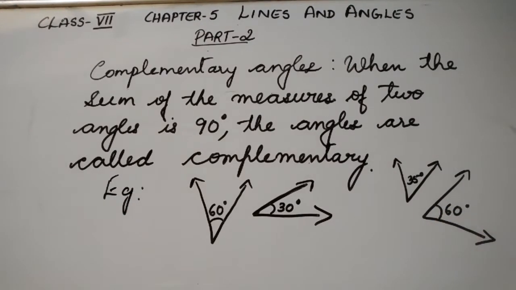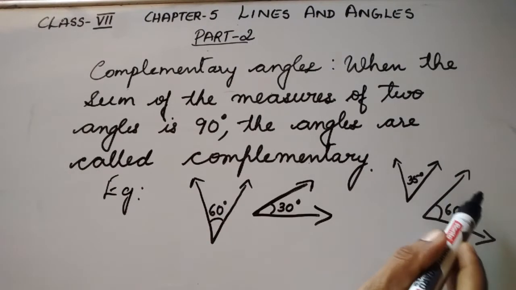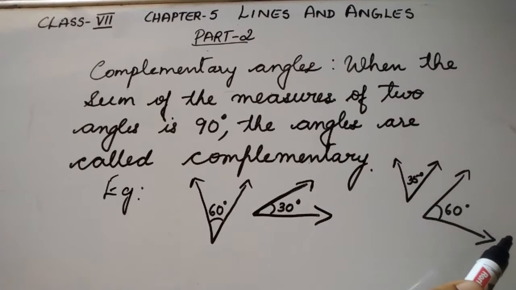So here, what is the sum of the measures of two angles? 60 plus 35. How much is it? It is 95 degree. It is not 90, isn't it? So these are non-complementary angles. These are not complementary angles. Is this clear, students? Yes.